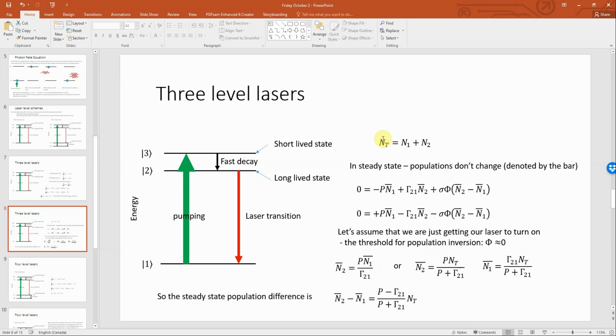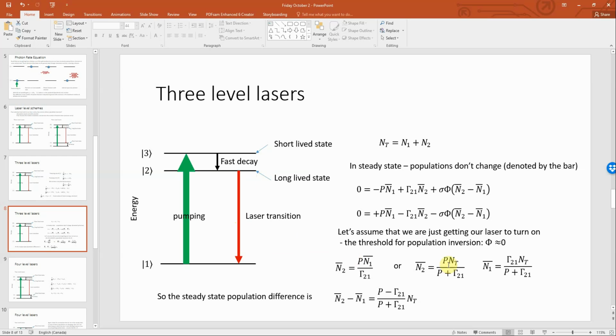Or since, as we said, nt is equal to n1 plus n2, the upper state steady state population is going to be the ratio of the pump over the pump plus this decay rate, times the total number of states.